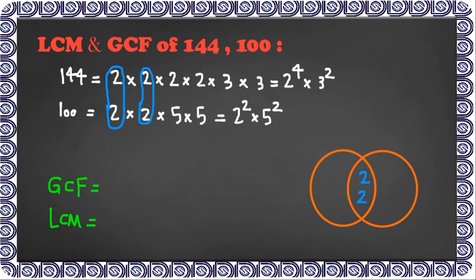In the next step, I'm going to put other prime factors from 144, which is 2, 2, 3, and 3, in this part. And other prime factors from 100, which is 5 and 5, in this part.